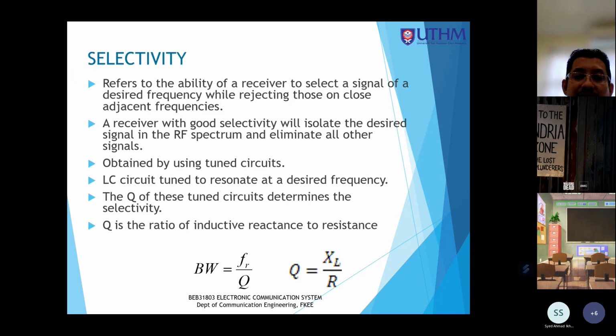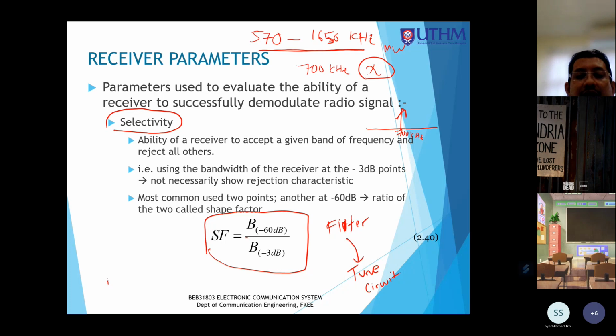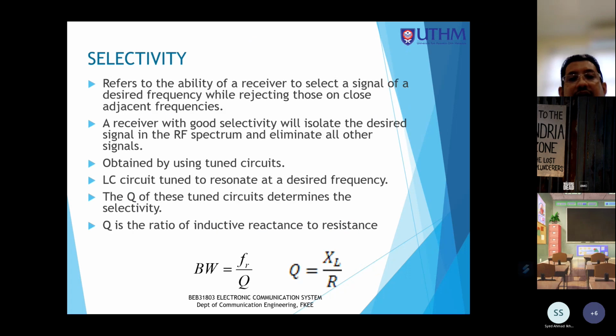Okay. So kembali kepada slide tadi. So ini adalah parameter pertama untuk selectivity. Okay, selectivity. Dan untuk parameter yang kedua, kita ada, tadi apa?